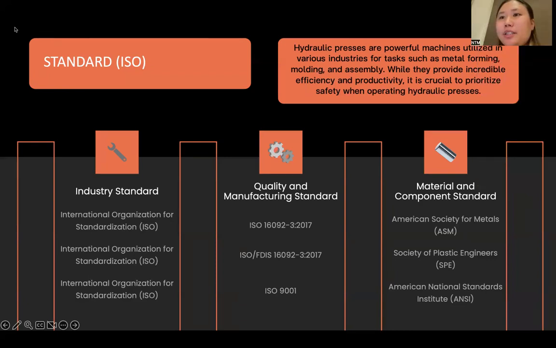As you can see in the slide, we have three quality manufacturing standards, which differ in terms of material and component standards, such as the American Society for Metals, the Society of Plastics Engineers, and the American National Standards Institute.